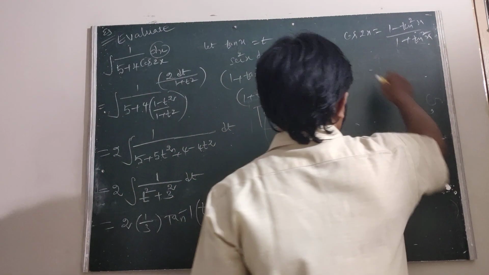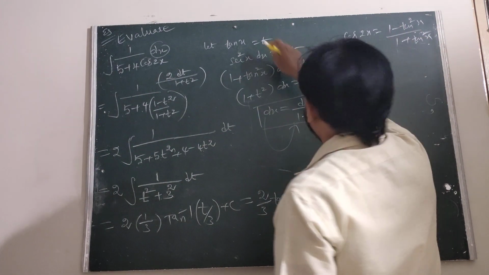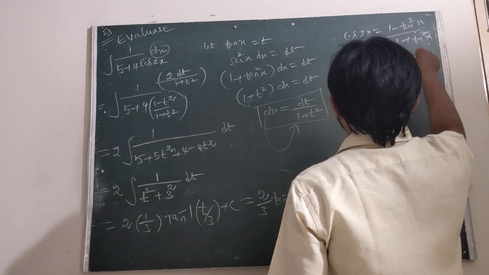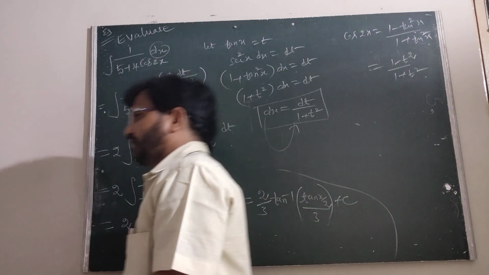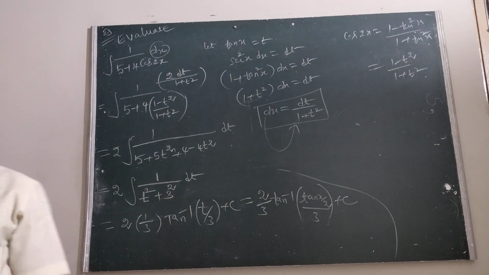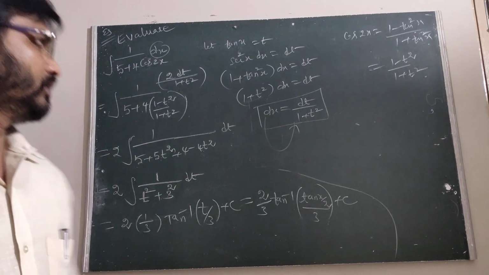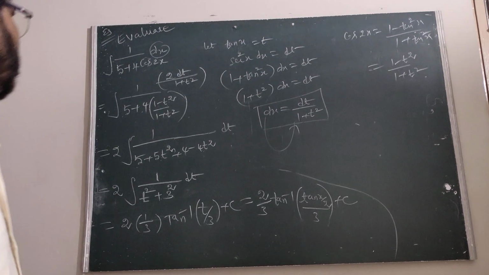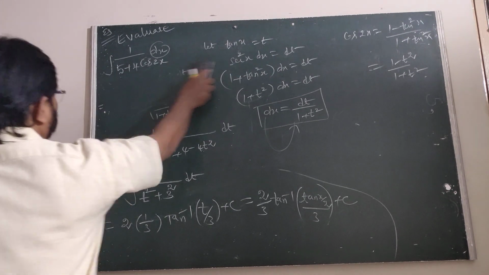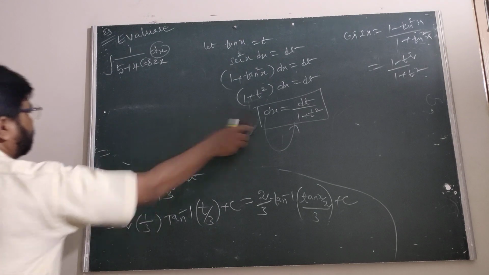Therefore when you are taking tan x as t, undoubtedly this is 1 minus t square by 1 plus t square. Is it okay? 1 minus t square by 1 plus t square. Therefore now we are looking to find the integral.